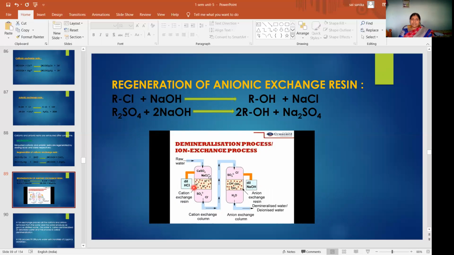Only cations present in the hard water are exchanged by H plus ions of the acidic resin. Then the water containing H plus ions and anions will move to the next tank, and whatever products are formed will be retained in the tank only. Here fine gravel will be filled, and coarse gravel will be filled.